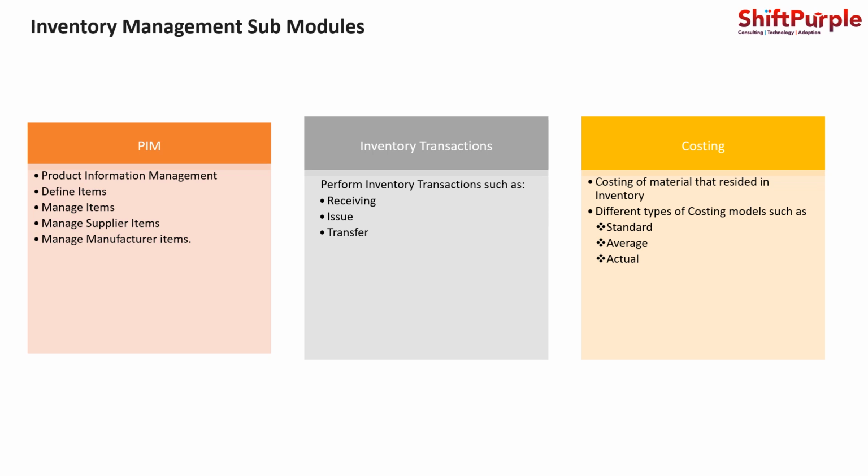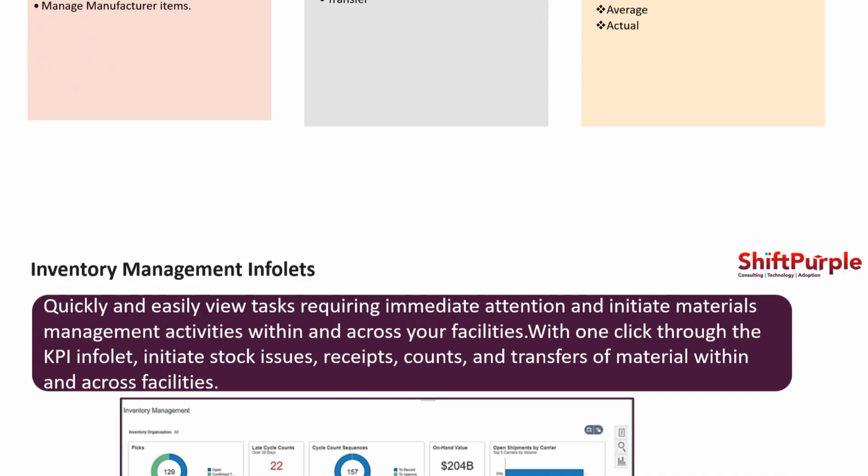So any inventory transactions. Then the third section is costing, the costing of material that resides in inventory. Different types of costing methods: standard costing, average costing, actual costing. So these are the sub-modules of inventory management.